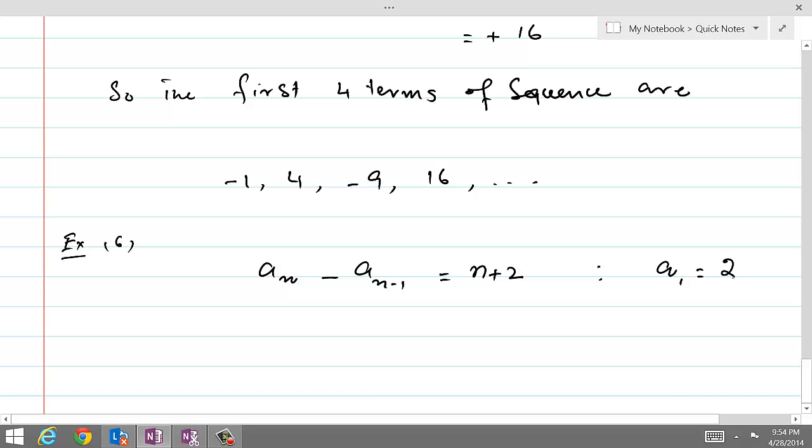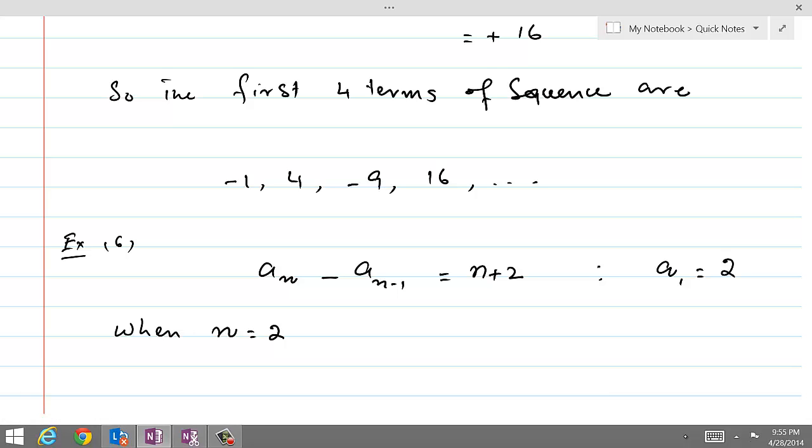The first term is already given, so we should start with the value of n equal to 2. We could only start with natural numbers. So 1 is already given, that's why we are starting with n is equal to 2.